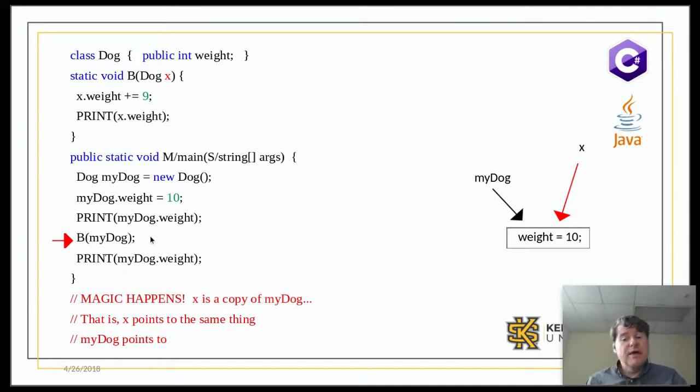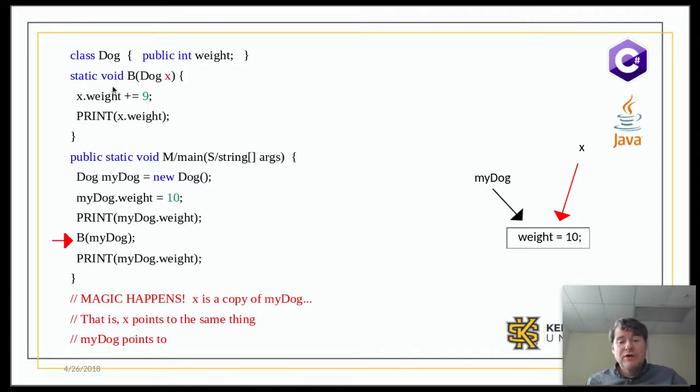So at this step, a new chunk is added onto the stack, just like it was before, and a new reference is created here called X, because X is a parameter to B. And if we look over in memory, this is effectively what happened. This X is associated with this stack entity, the call for B, but it is pointed to the exact same object, the exact same blob of memory in the heap.